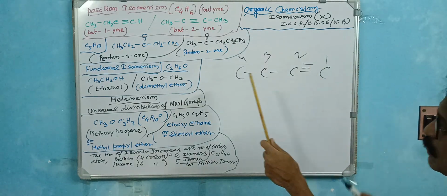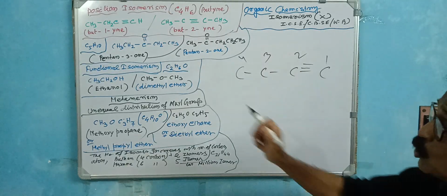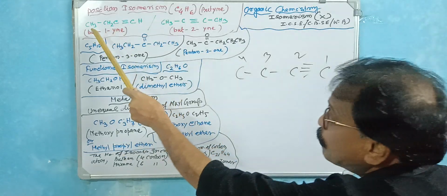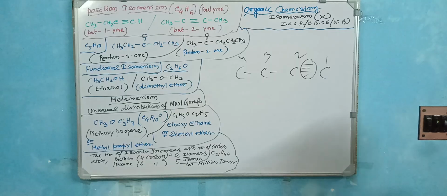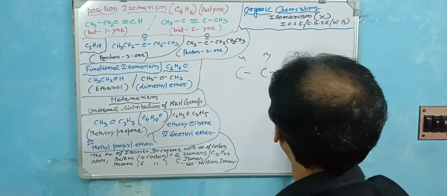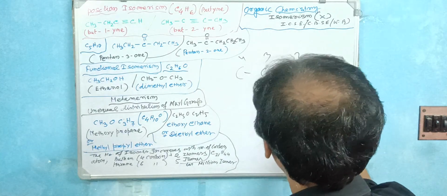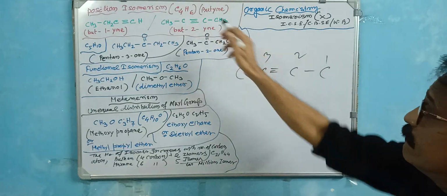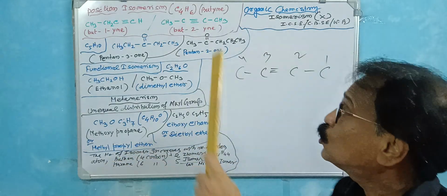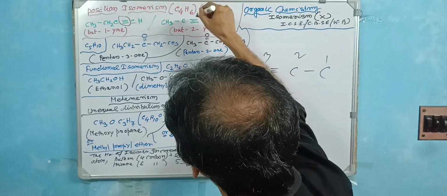So if you start from here, 1, 2, 3, 4, the naming is but-1-yne. If the triple bond is changed from here to here, then the triple bond is at the second position, so you write but-2-yne. This is the difference. This is actually called the position.